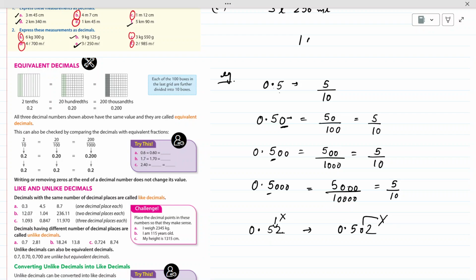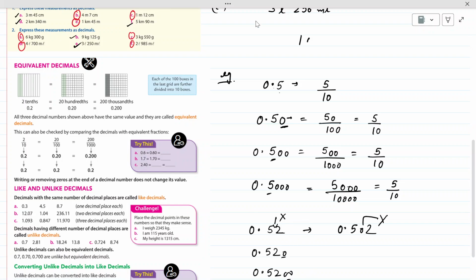I can always add zeros at the end. I can make it 0.520. I can make it 0.5200. I can make it 0.520000 or something. That means you can always add zeros at the end. Similarly, we can also remove zeros from the end.